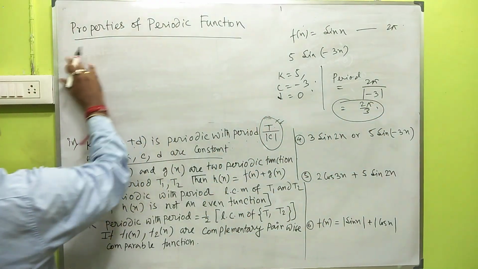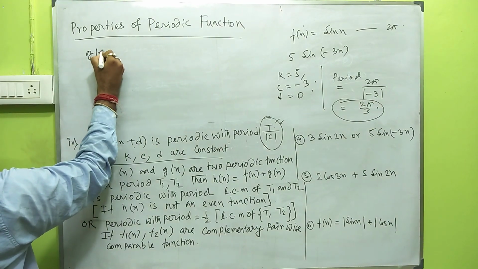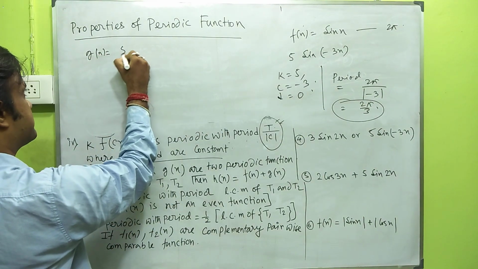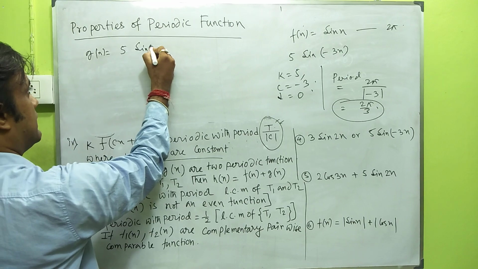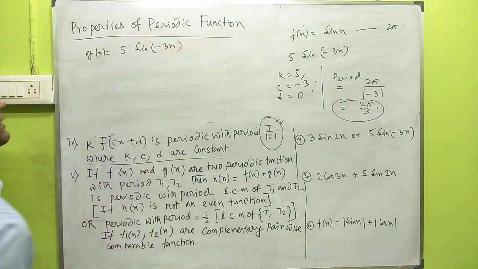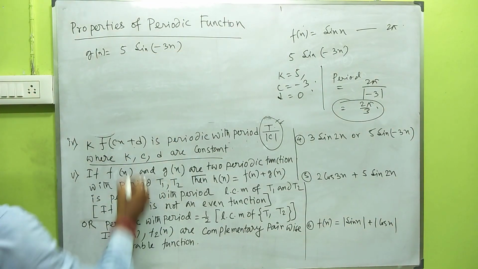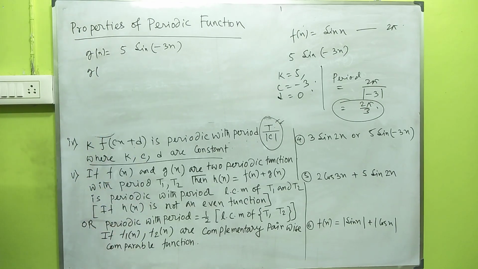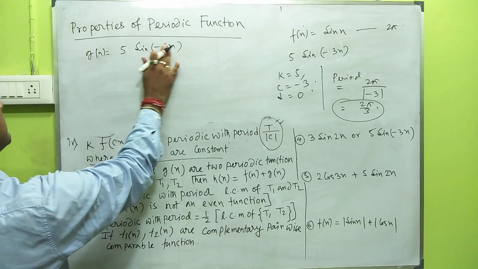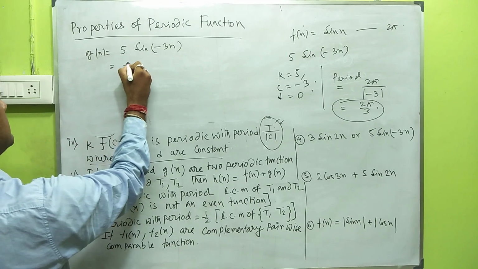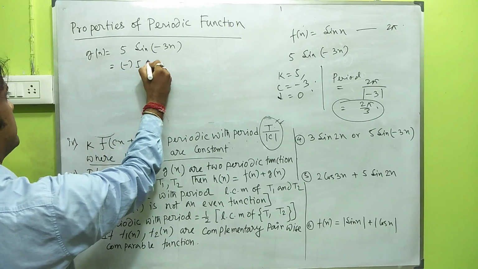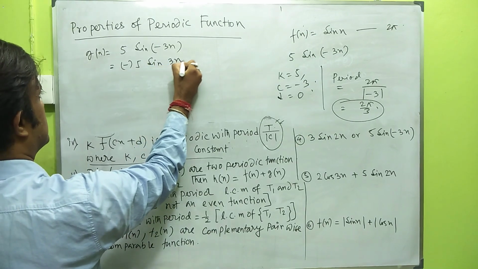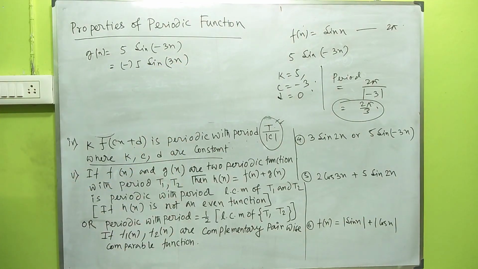Now we will check. Suppose g of x is equal to 5 sin of minus 3x. This means g of x is minus of 5 sin 3x.